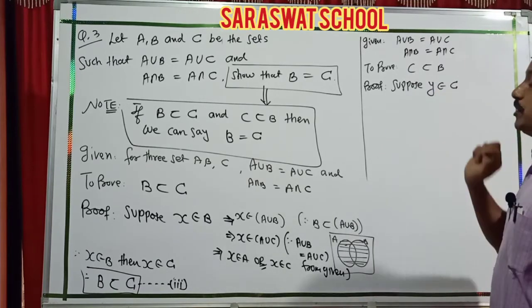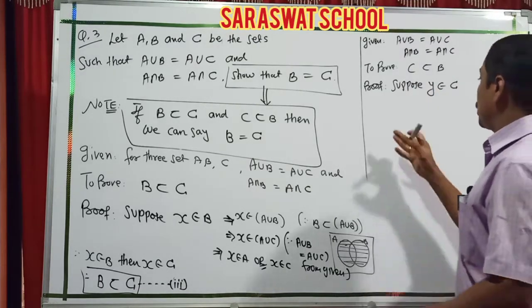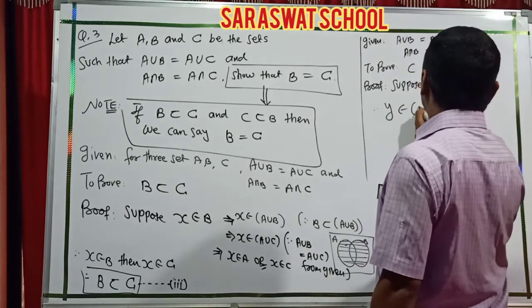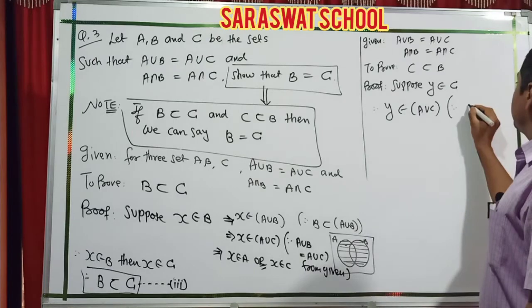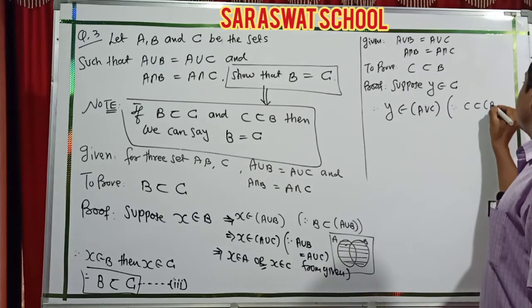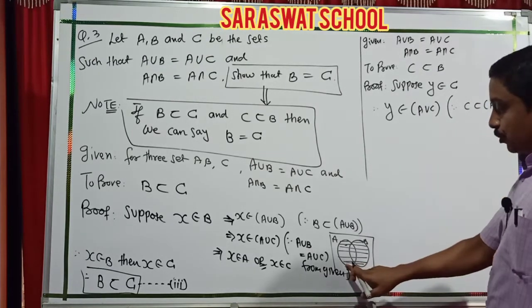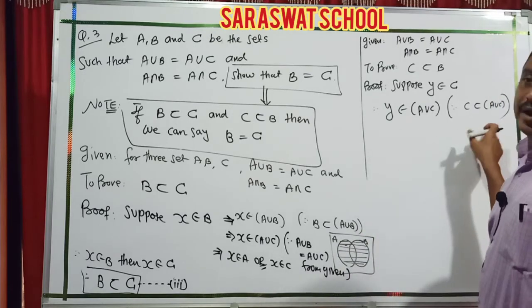So Y belongs to C. So surely Y belongs to A union C, because C is a subset of A union C, according to this drawing: here the AB drawing, and here the AC drawing.